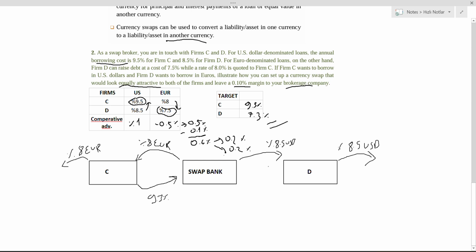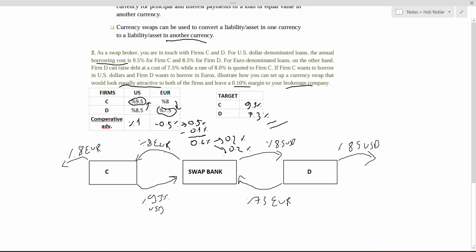This time firm D takes 8.5 and gives 8.5. Then firm D should give, this outer row will be 7.3% as euro, and for firm C it should be USD.